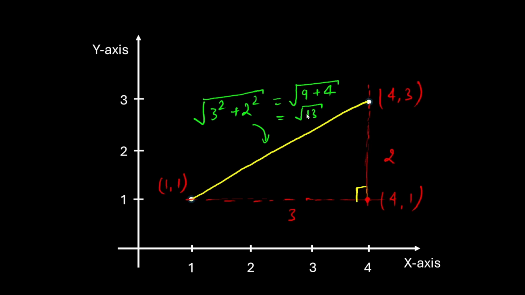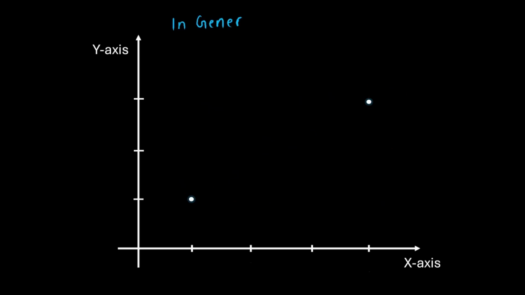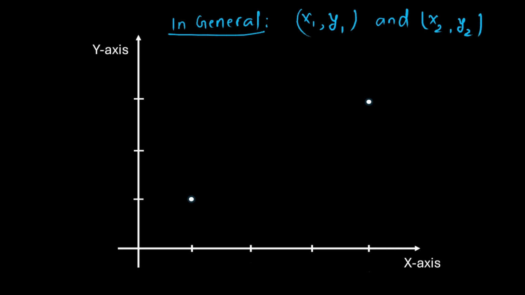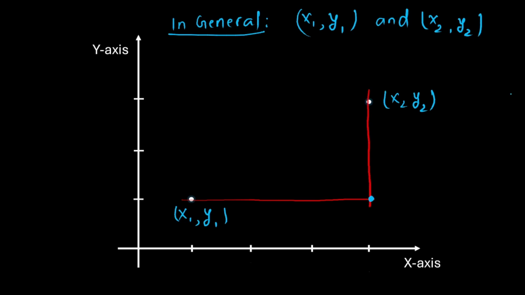Let's generalize this fact. In general, if we have 2 points (x1, y1) and (x2, y2), so let's imagine this point is (x1, y1) and this point is (x2, y2). So what we have to do is find this horizontal distance and this vertical distance. So now our next task is to find the coordinate of this point.